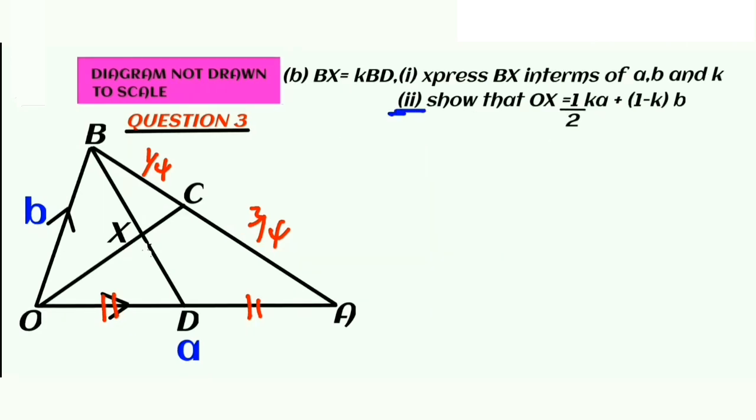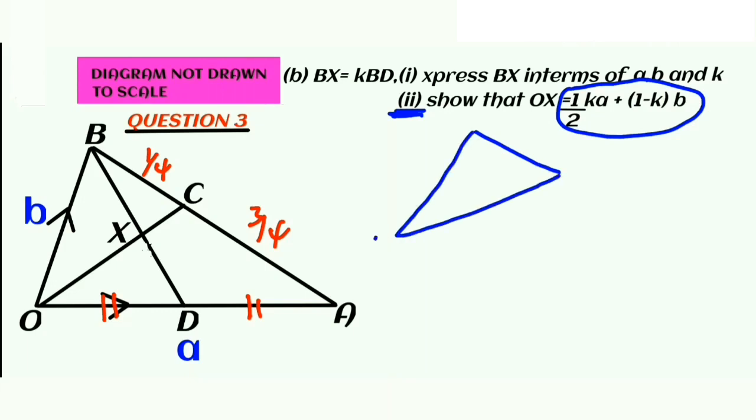Part B item 2 needs us to prove that OX equals this value. If I draw triangle OBX separately, it will look something like this. OBX.